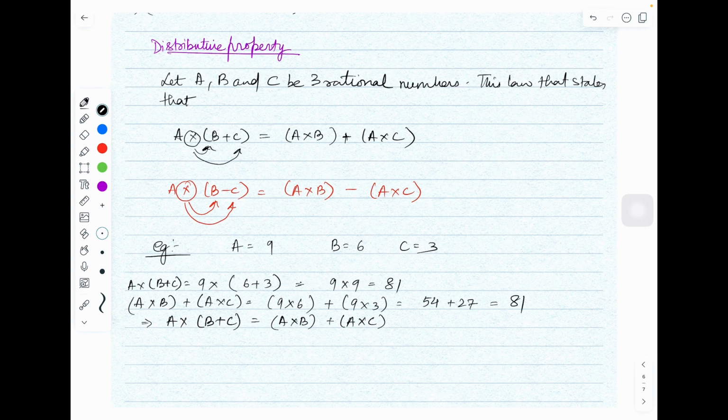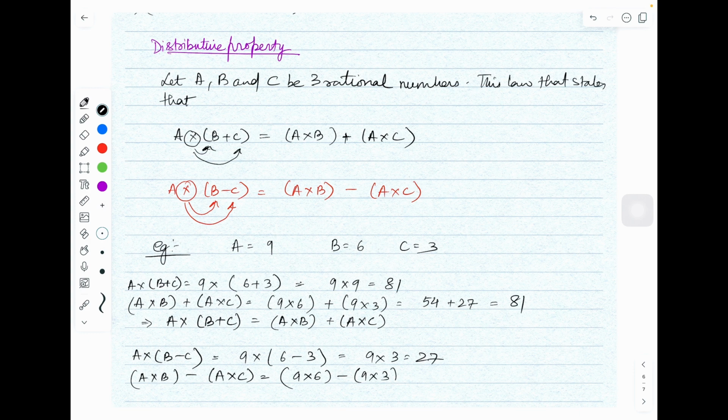Now the same thing. A into (B minus C), I am writing: 9 into (6 minus 3). How much are you going to get? 9 into 3, that is 27. Similarly, A into B minus A into C: 9 into 6 minus 9 into 3. 9 into 6 is 54, 9 into 3 is 27, so it is 27.